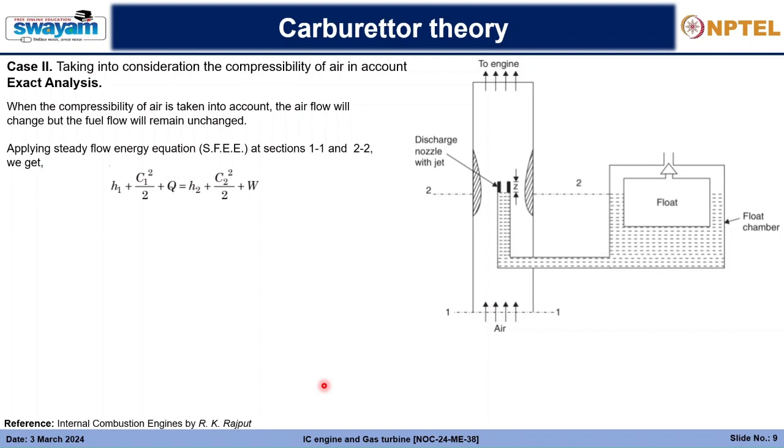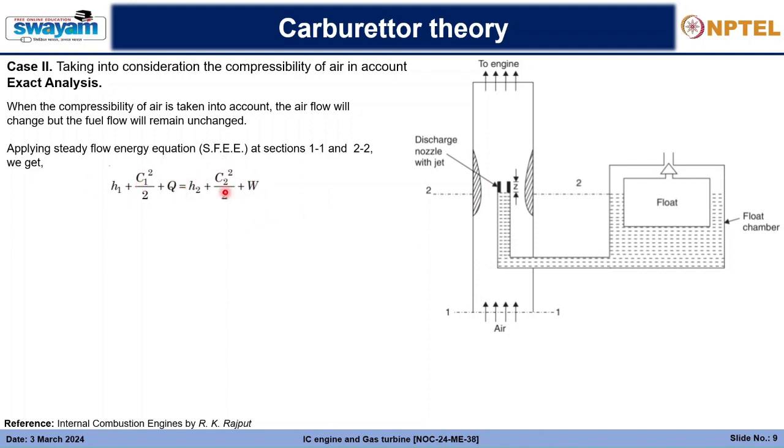For only the air part, if we use the steady flow energy equation, SFEE, at sections 1 and 2 here, then we will get H1 plus C1 square by 2 plus Q equals H2 plus C2 square by 2 plus W. Accordingly, there is a heat input to the air, and there is a certain amount of work.